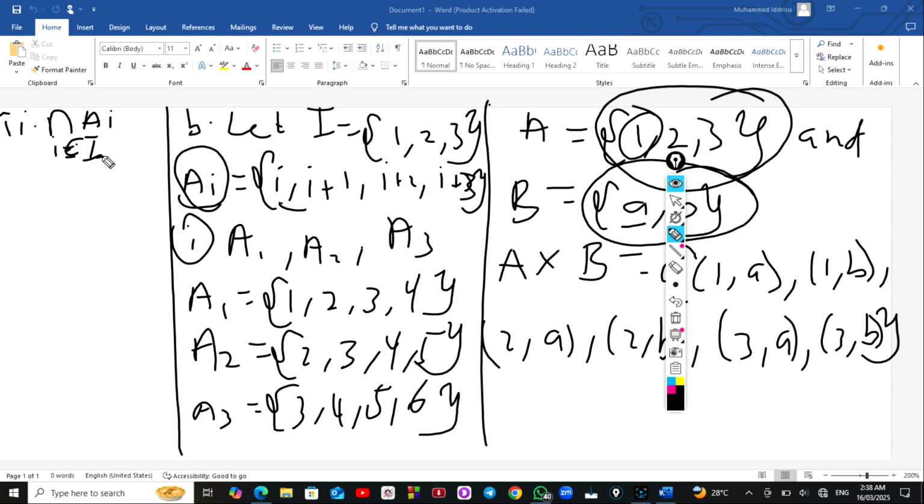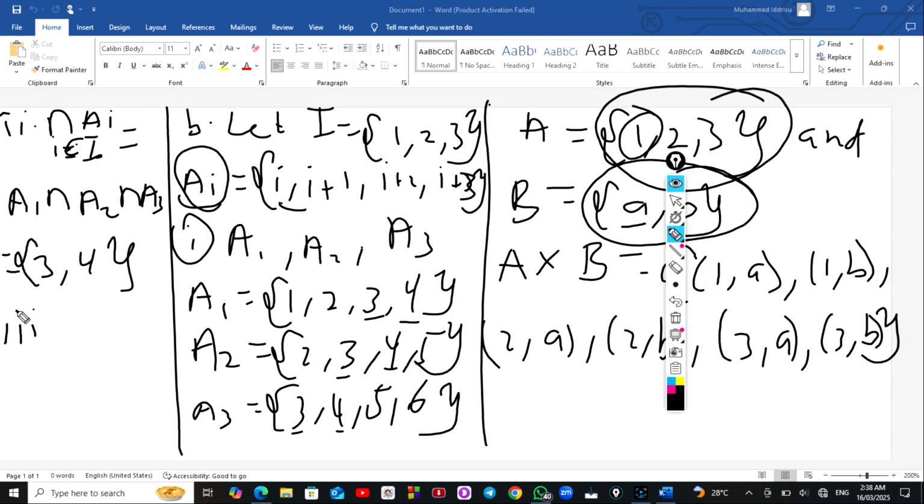That means we are going to find A1 intersection A2 intersection A3, which is what is common between the 3 sets. So we have 3 and 4 in all the 3 sets. So it is {3, 4}.